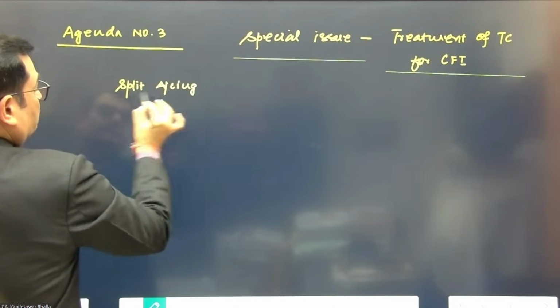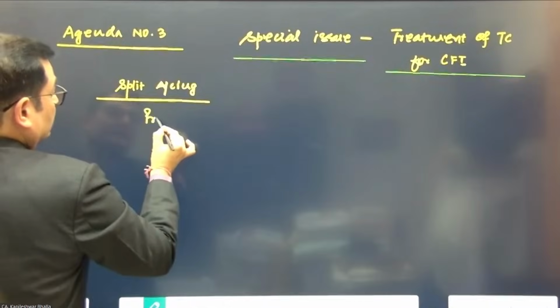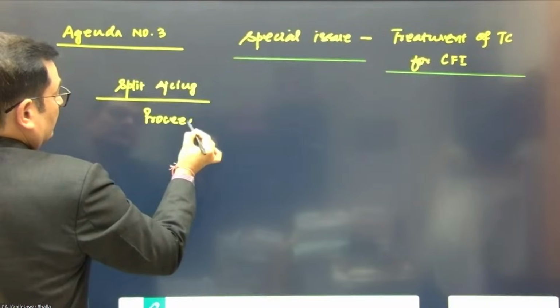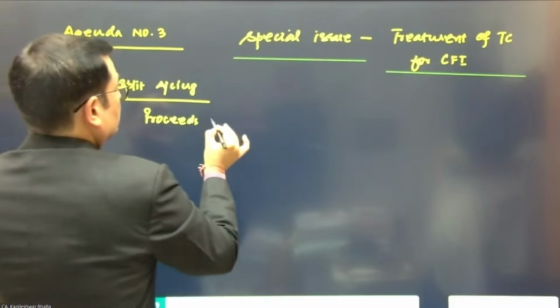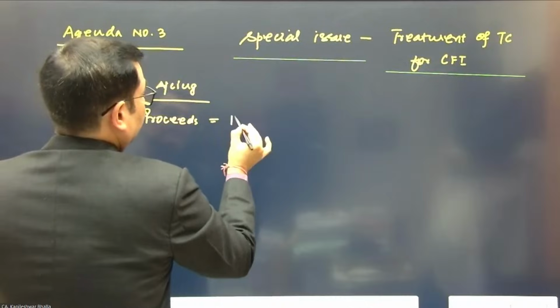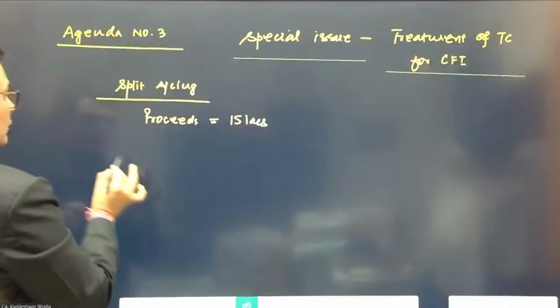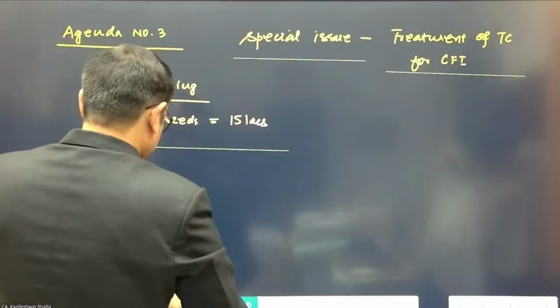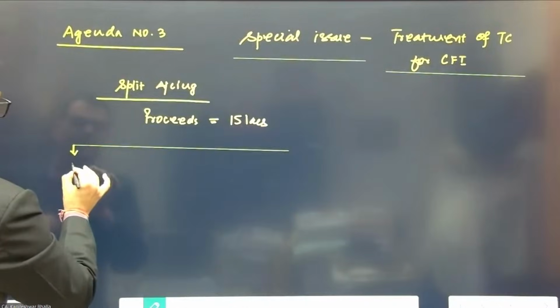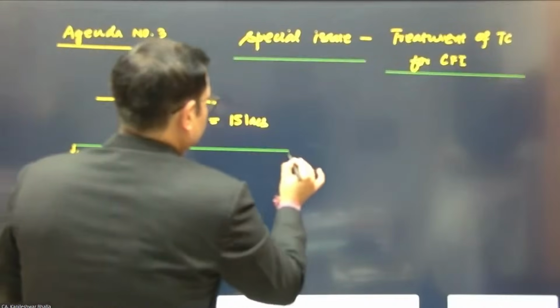I consider the proceeds, to the extent of 15 lakhs, and we can split this between the two elements, that is FL as well as equity as a balancing figure.